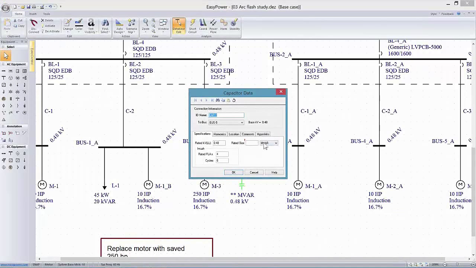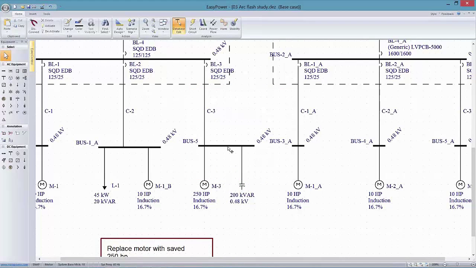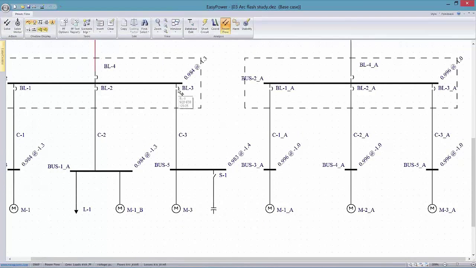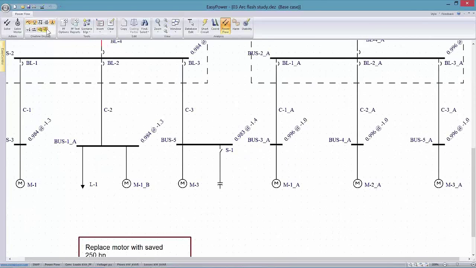And as we do this, we just kind of put in a switch so we can see the effect. All right, so we go into power flow, solve the system. And as we take the capacitor out, you can see that the power factor, and I lost my loads.